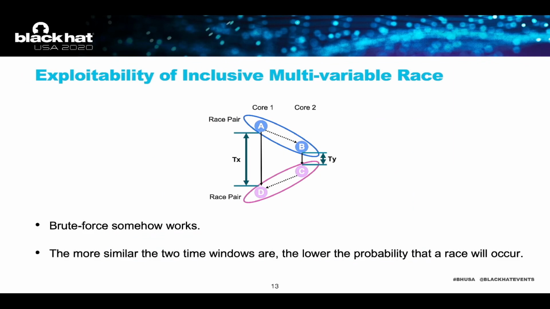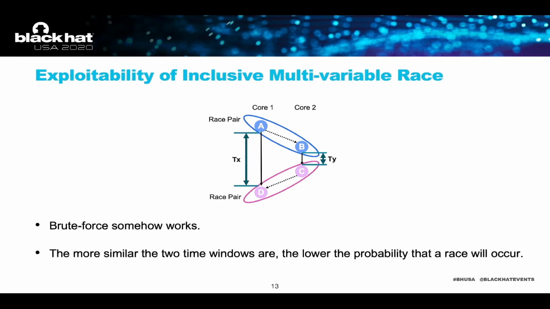Similar to the single variable race condition, the likelihood of triggering the inclusive multivariable race condition also depends on the size difference between the time window X and Y. As the size difference between the two time windows is smaller, the race condition is less likely to occur.